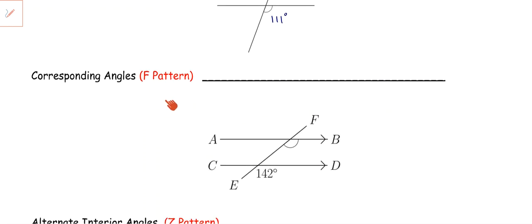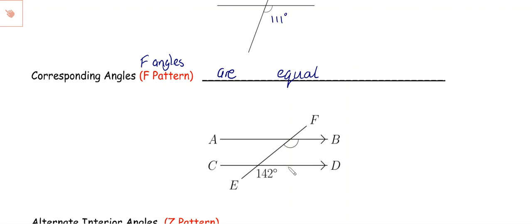Yeah? Alright? And what do we know about them? Well, corresponding angles, an F pattern, often called F angles, because it just looks like an F, are, any guess? Equal. So if we can identify where the F angles are, we just know to write down the same number.